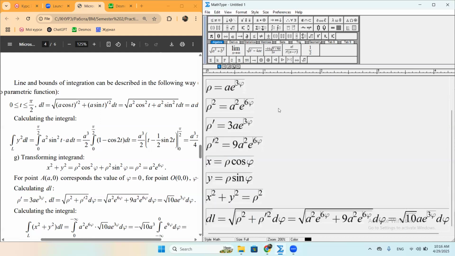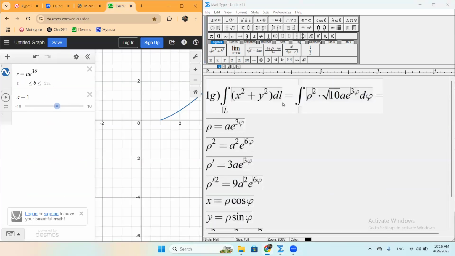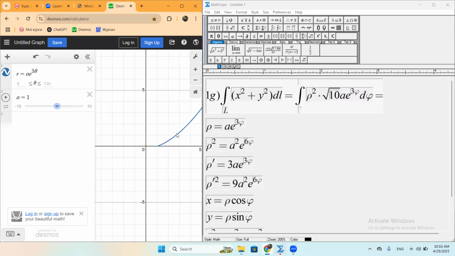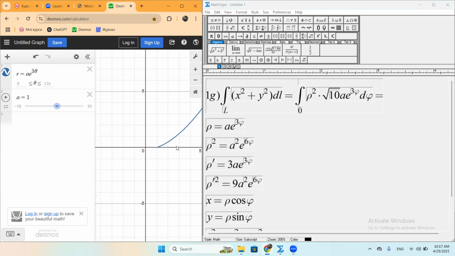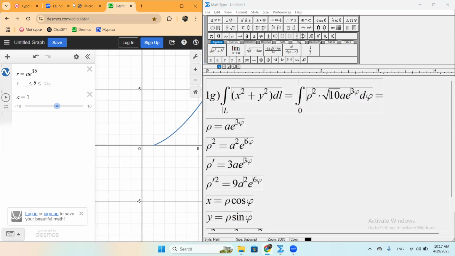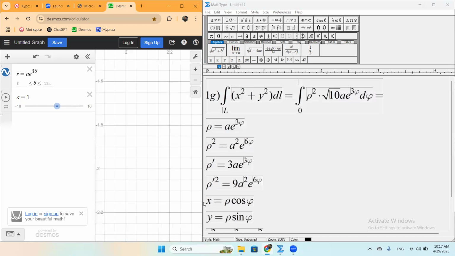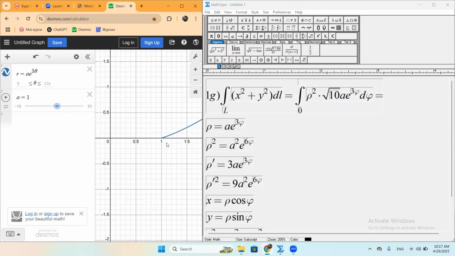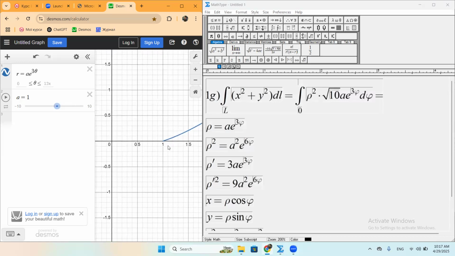And what about the limits of integration? So from a0 to 0, 0. If we have the point a0, phi is equal to 0. And what about point 0, 0?